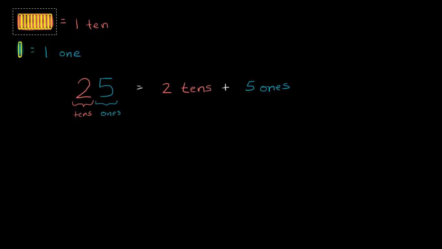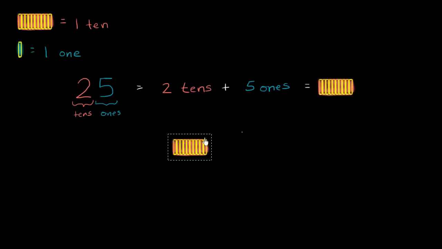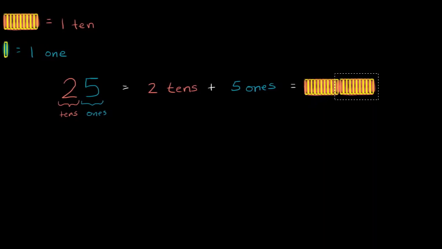So this is going to be the same thing. This is going to be equal to, you have your 2 tens. So that's your 2 tens right over there. That really represents 20. Plus your 5 ones.